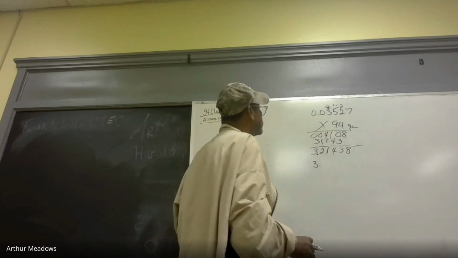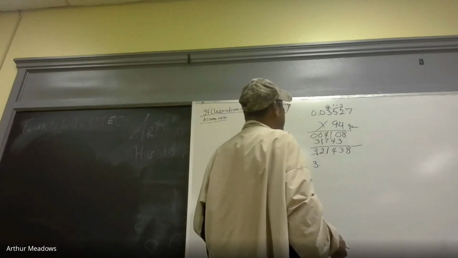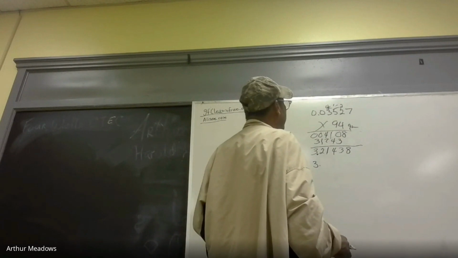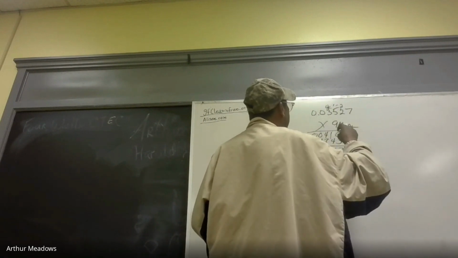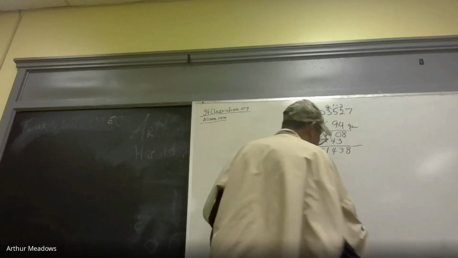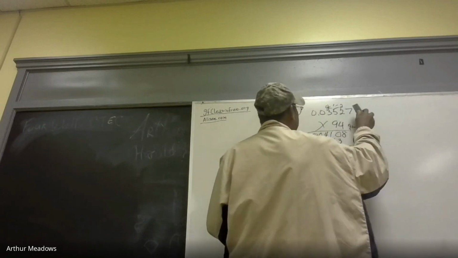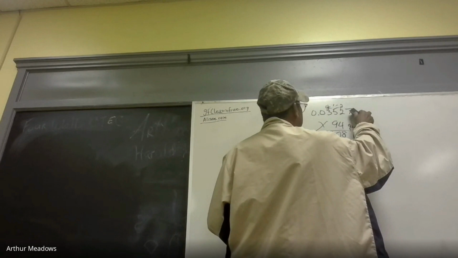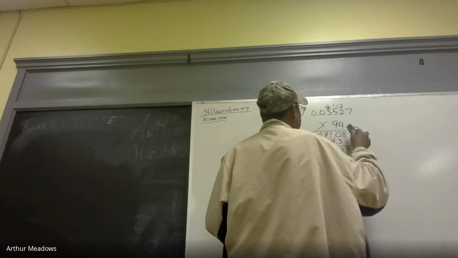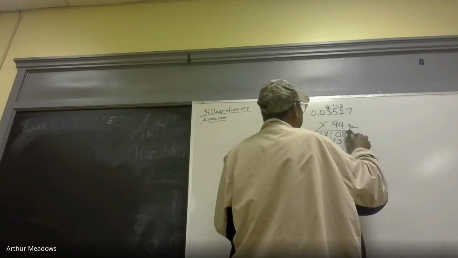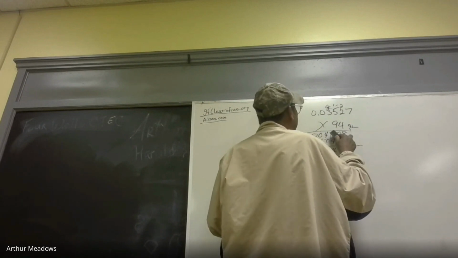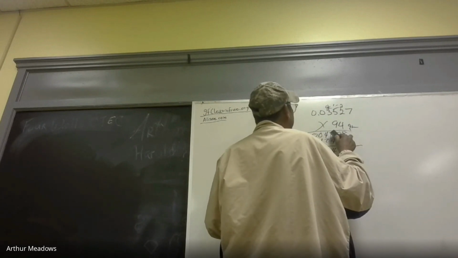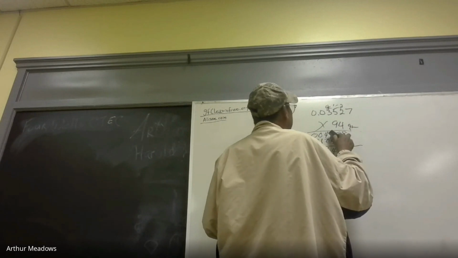Okay, so 5 times 8, not hitting that. All right, do that right now. 4 times that is 12. 4 times that is 20. 28. 4 times that is 8, plus 2 is 10. 4 times that is 20, and the 1 makes it 21.